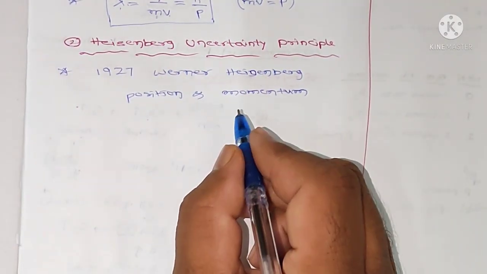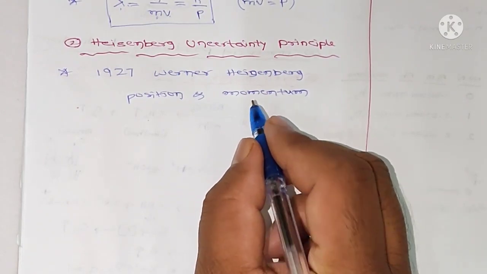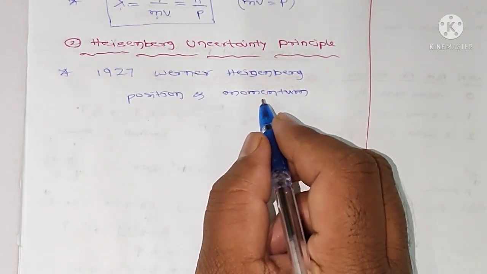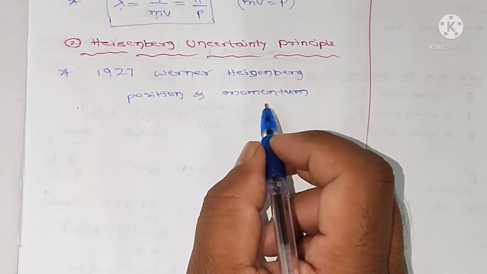Means at a time we cannot determine the exact position and exact momentum of electron.